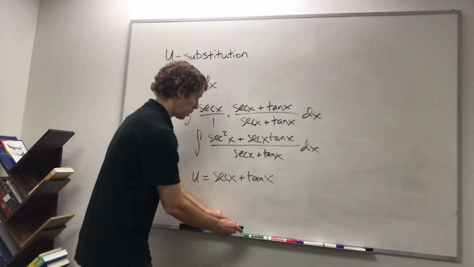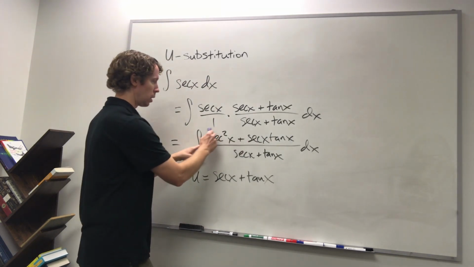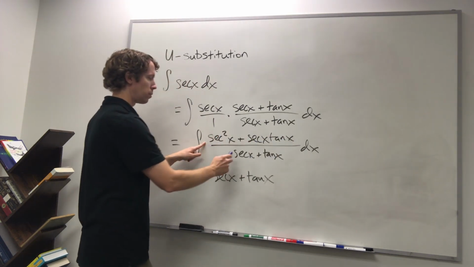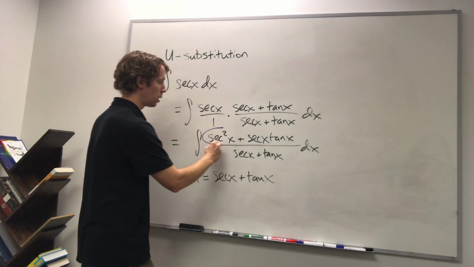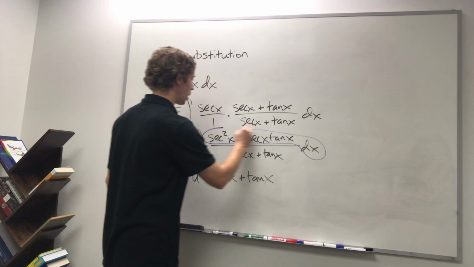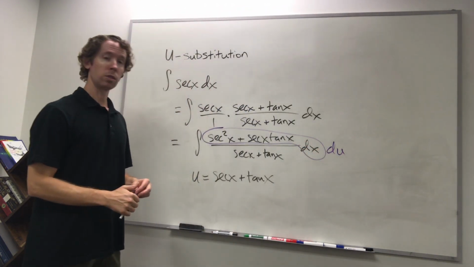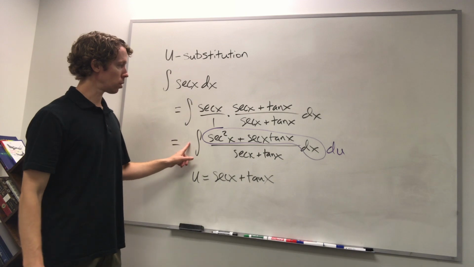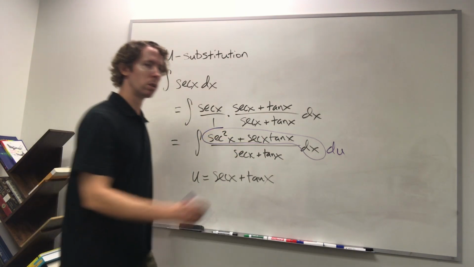Just notice du dx is equal to exactly this numerator. So du is equal to exactly the numerator times dx. So now what I have is the integral of 1 over u du.